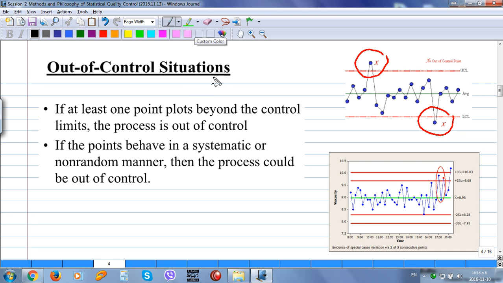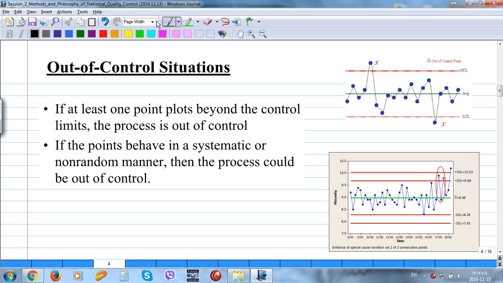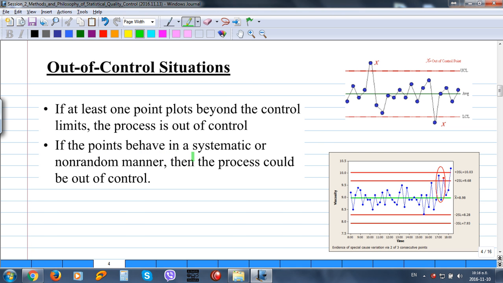It means at least one point goes beyond the limits, so our process is out of control. Also, if points behave in a systematic or non-random manner, the process could be out of control.